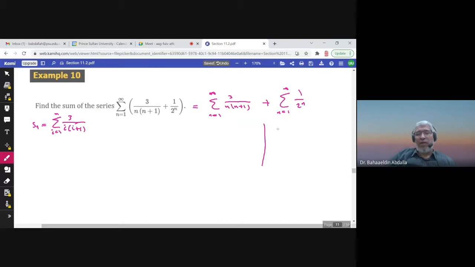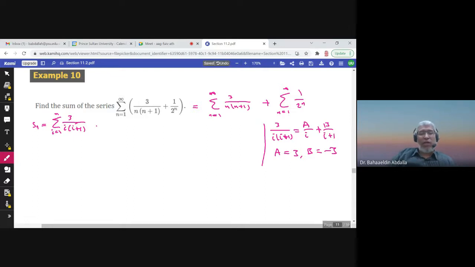And now you write 3 over i times i plus 1 as A over i plus B over i plus 1. And you can find, if you replace i by 0, that A is 3, and if you replace i by -1, B is -3.